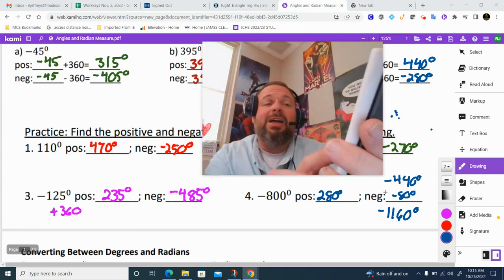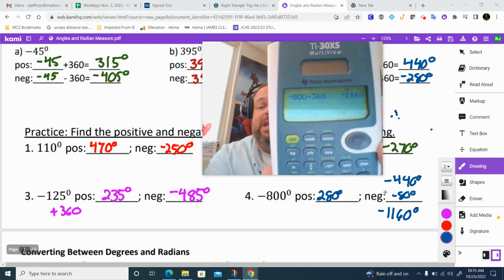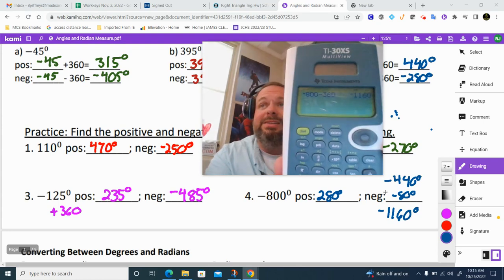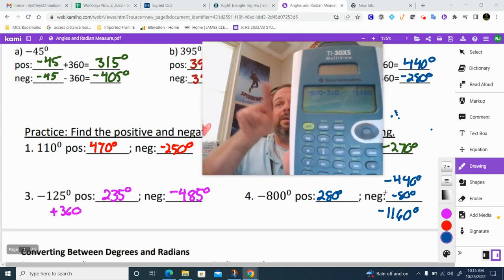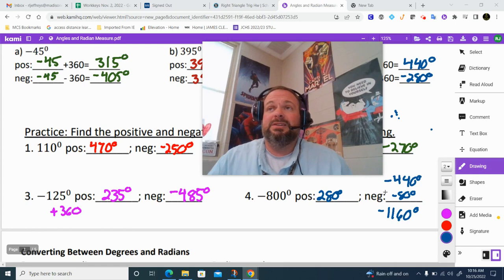But on the last one, if you did it like I had told you in the notes, where you subtract 360, you would get the negative 1160. Remember, it's going around in a circle. Either one of those answers is correct. Did you get at least one of those for the negative? Then that's fine.